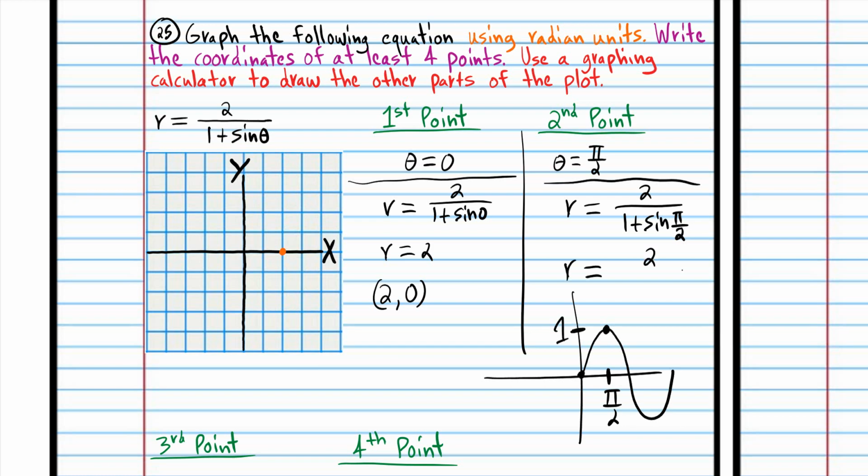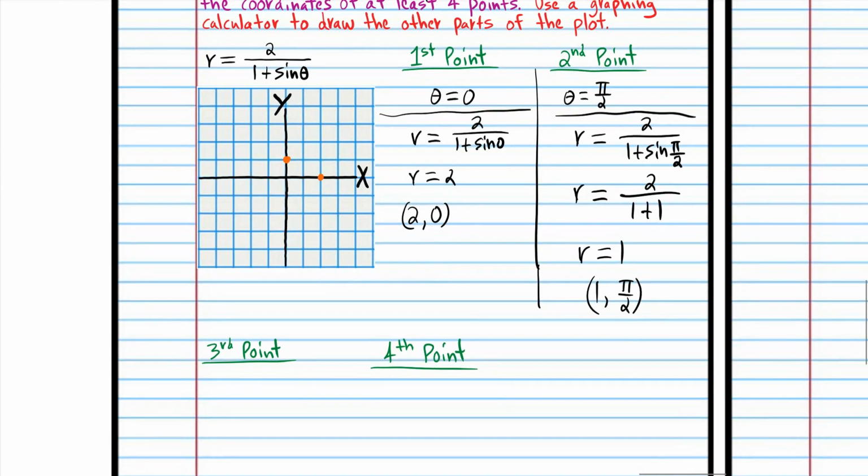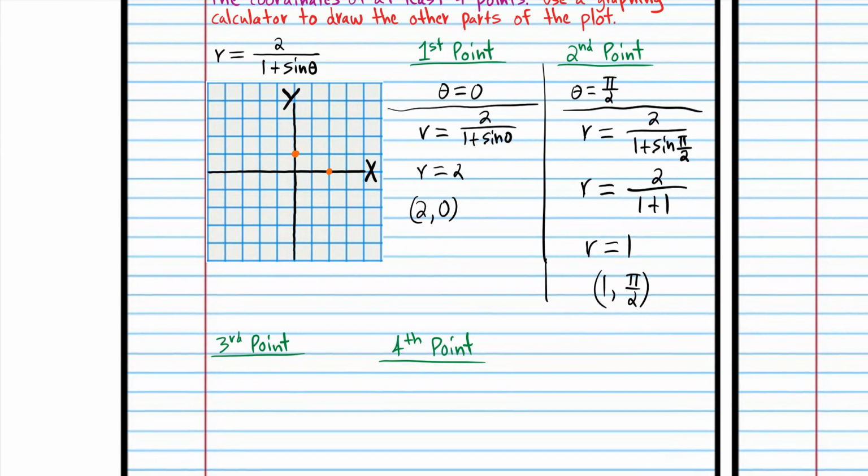So we have 2 over 1 plus 1. And that would obviously just be 1. So r is equal to 1. The point we're looking for is 1 comma pi over 2. So I'm going to move out 1 on the x-axis, then I'm going to rotate pi over 2 radians, which is 90 degrees, and I get that point there. So again, we're trying to stick to values of theta that make it easy for us to calculate.